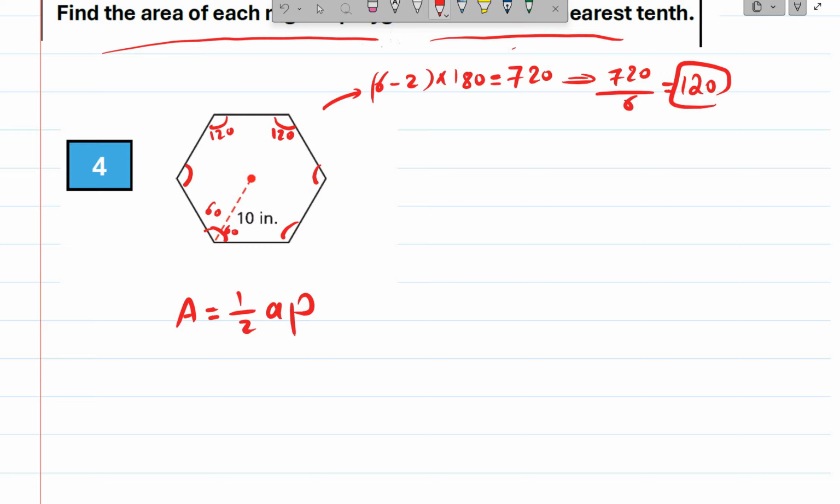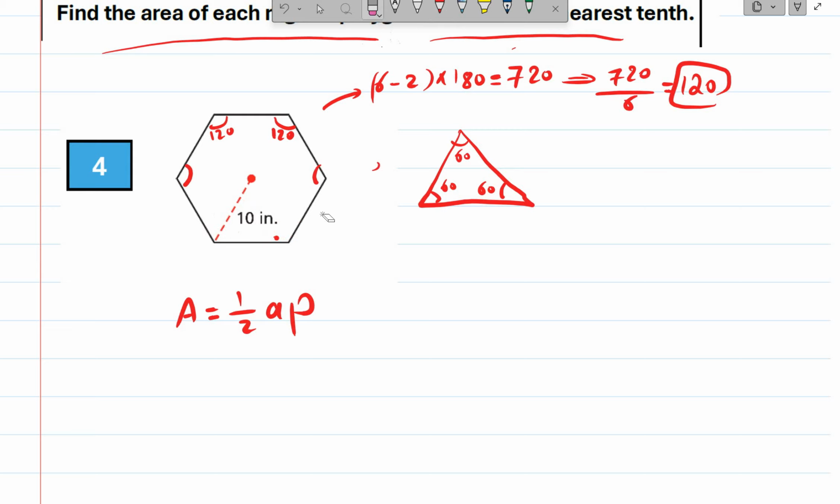Correct? And even if you join another line here, this one is going to be 60, and here also 60. So this looks like an equilateral triangle: 60, 60, and also 60. So, understood the idea? Okay.